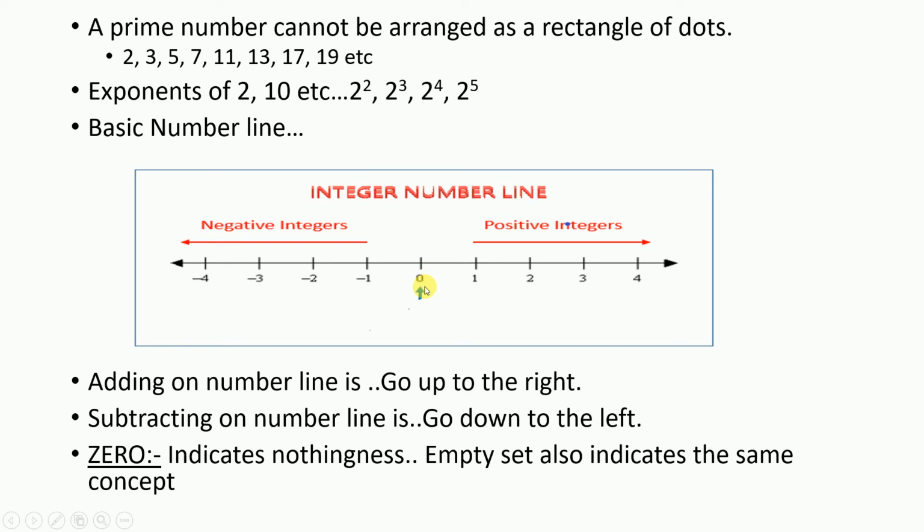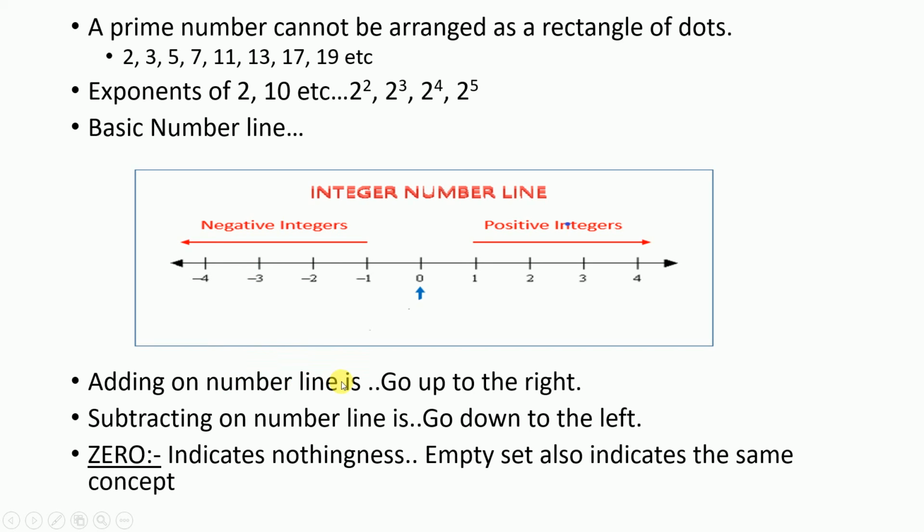The distance between 0 and 1, 1 and 2, 2 and 3 or minus 2 and minus 1. These distances are the same. What are integers? They contain the natural numbers or counting numbers from 1 to infinity. And integers also contain 0. And they are also composed of negative numbers.